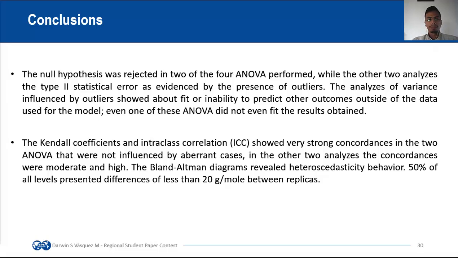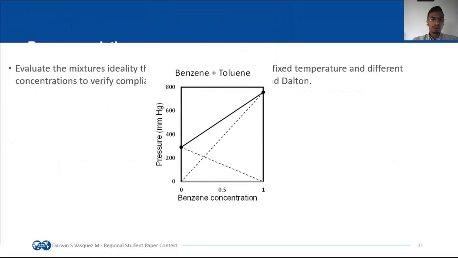In the other 2 analyses, the concordance was moderate and high. The planar map diagrams showed heteroscedastic behavior, and 50% of all levels present a difference less than 20 grams per mole between replicas.